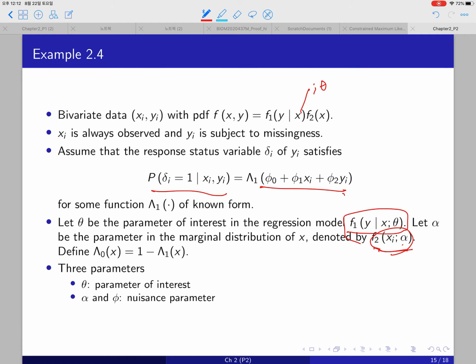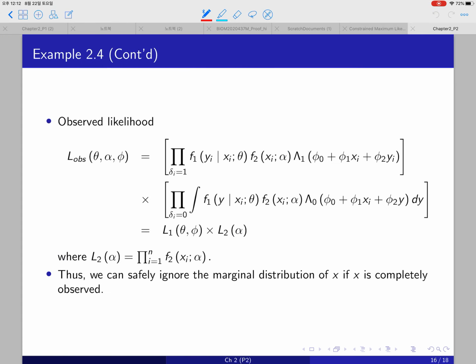So we have three parameters, and the observed likelihood. So the joint, right?